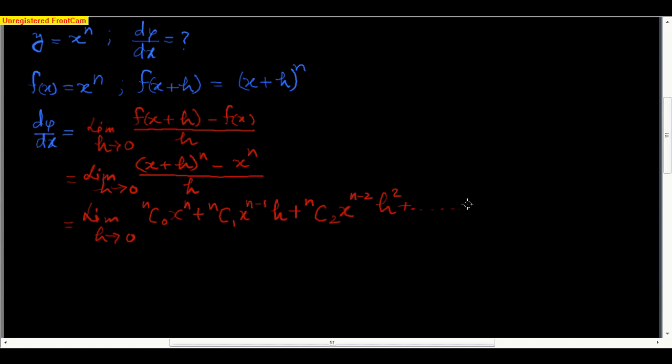At the last in this expansion we get nCn h power n, and there is already minus x power n. So what will happen? Divided by h.